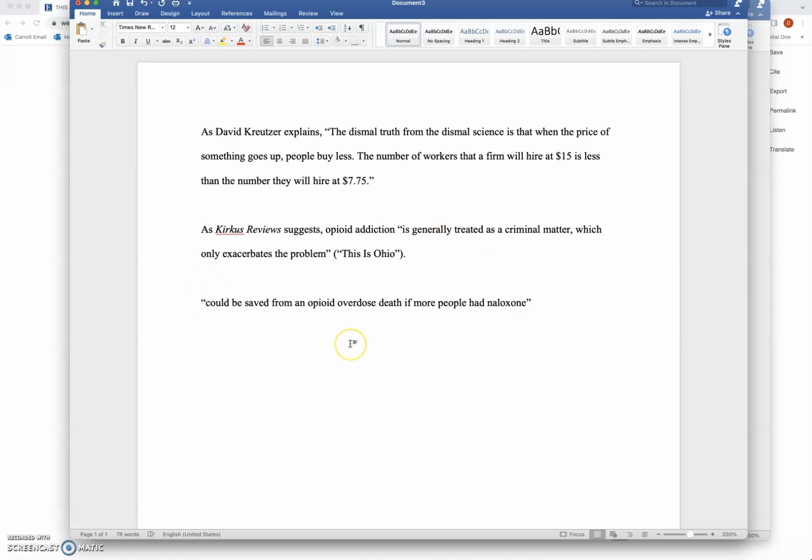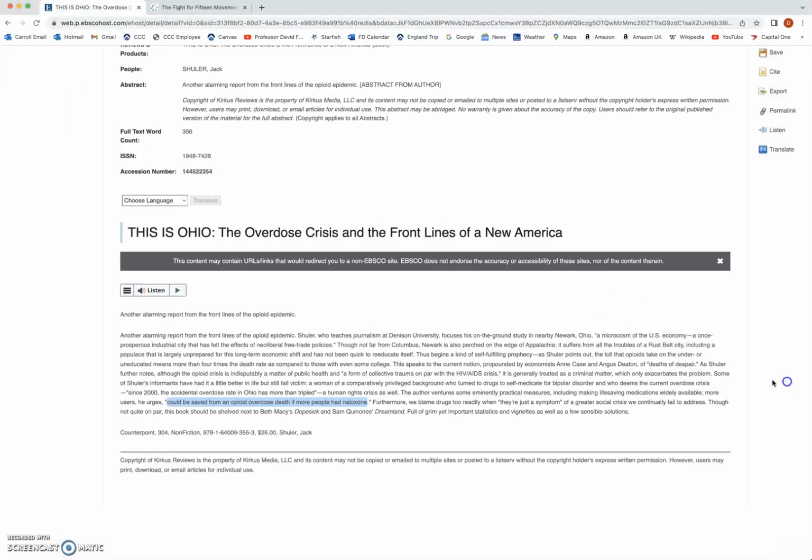Now, when you introduce the quote with a signal phrase, of course, you want to do the common sense thing, which is to say who actually said those words. And the person who said those words is Schuler, right? Because he was quoted as saying this inside the article.